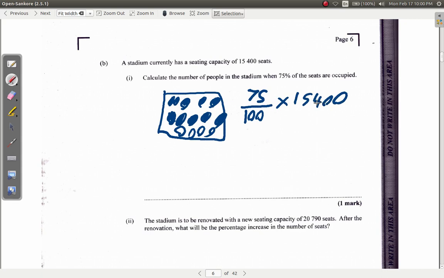You can divide down and say there's 100 in here. How many 100s are there in 15,400? There are 154. So I end up with 75 times 154.